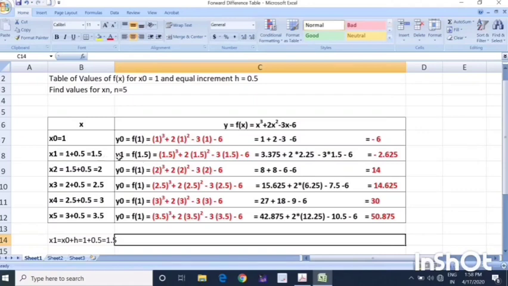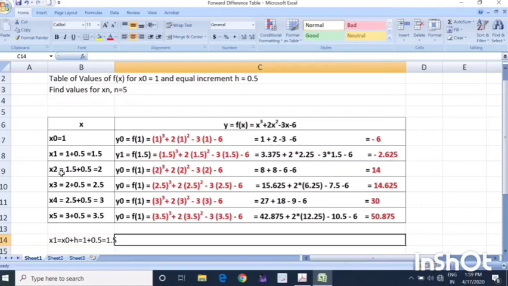At x1, the value of the function corresponding to x1 is y1. So what is y1? Again we will substitute the value of x in this formula: 1.5 cube plus 2 into 1.5 square minus 3 into 1.5 minus 6. Doing this calculation, we finally get minus 2.625.